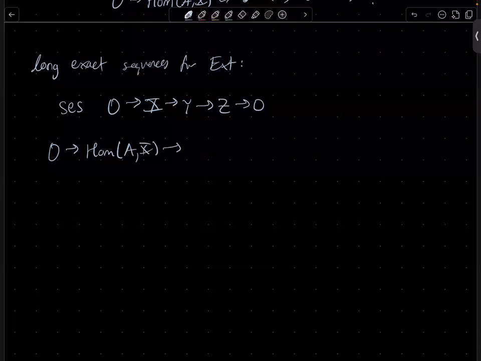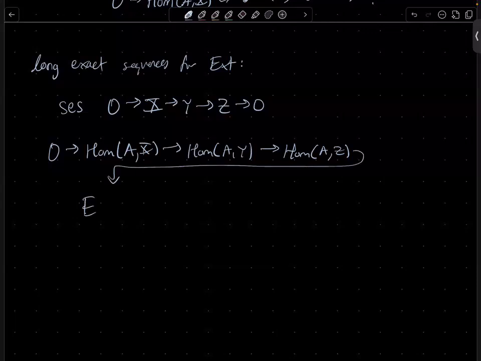Right, so this is the usual thing you want to see: Hom(A, X), Hom(A, Y), Hom(A, Z). And then the interesting part is that you can actually continue this down, and then you will get Ext^1.